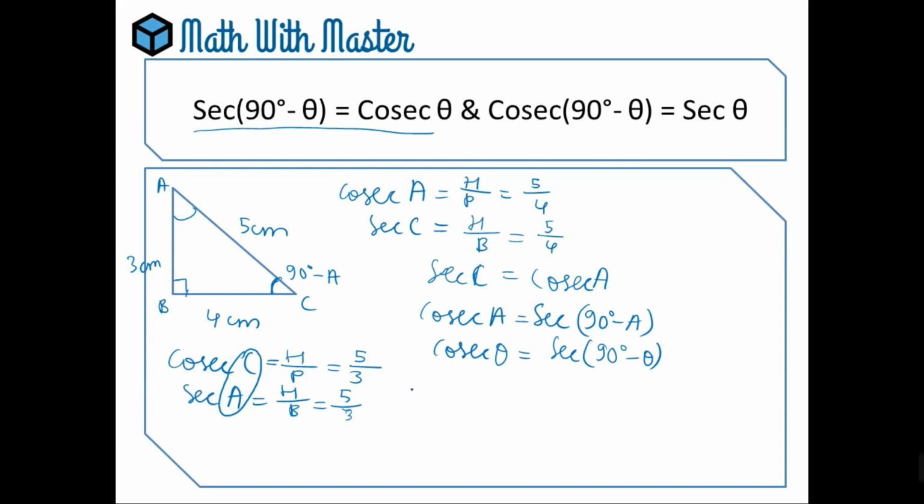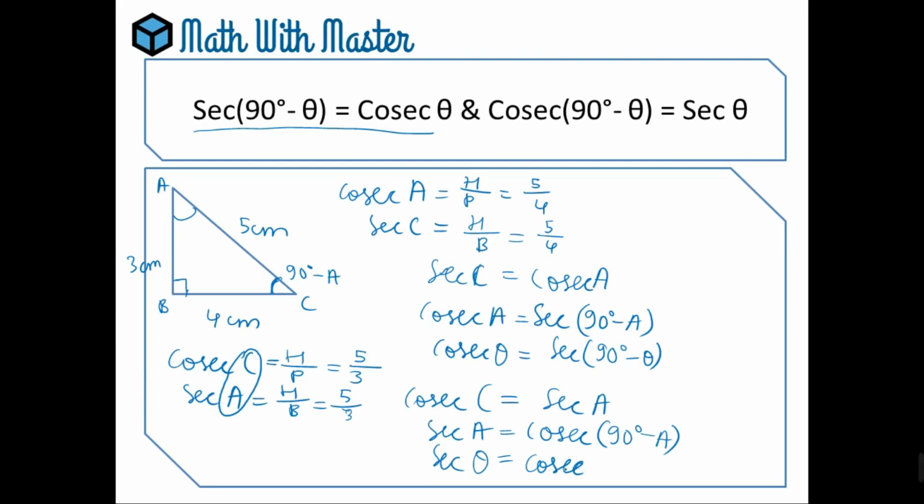We can conclude that cosec C is equal to sec A. Now sec A is equal to cosec C. We can write C as 90 degrees minus A. If we assume angle A as theta, then sec theta is equal to cosec(90 degrees minus theta). This is the formula which we have found.